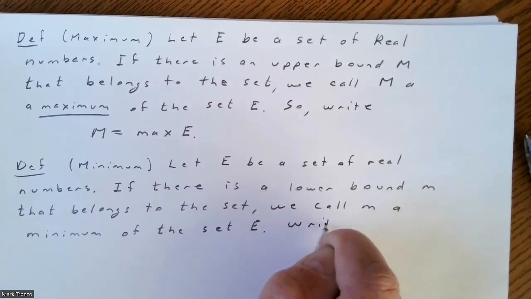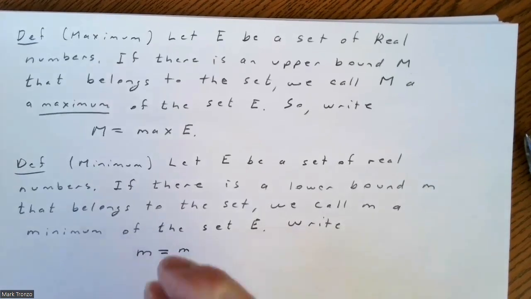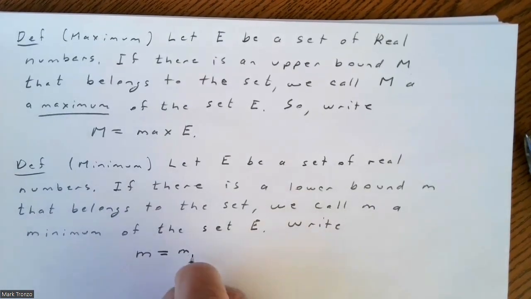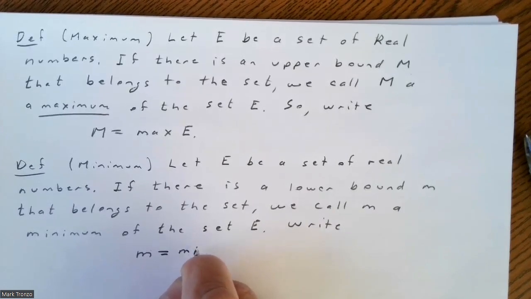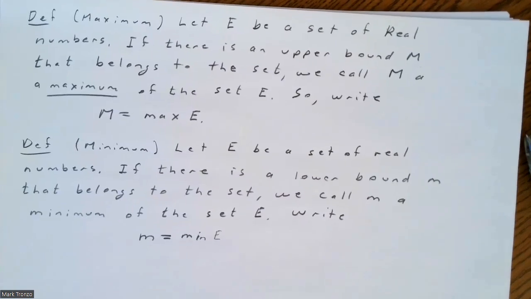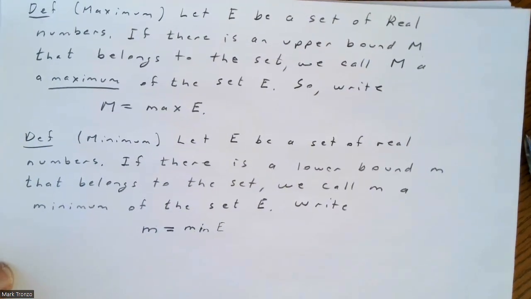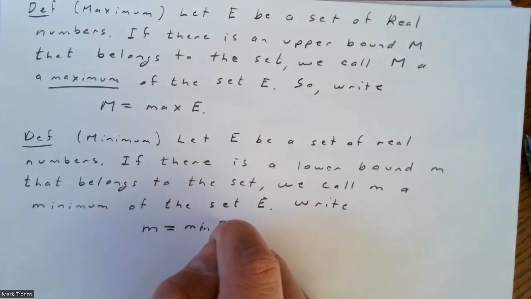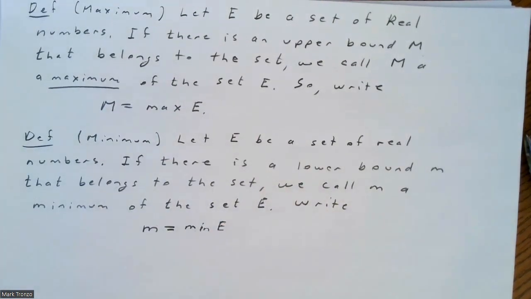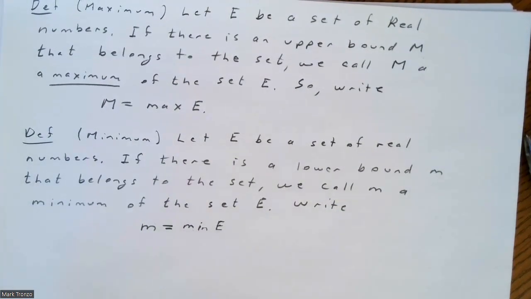And we write it as m equals the min of E. So if there's an upper bound M that does belong to the set, we call that a maximum. And if there's a lower bound that belongs to the set, we call that a minimum.